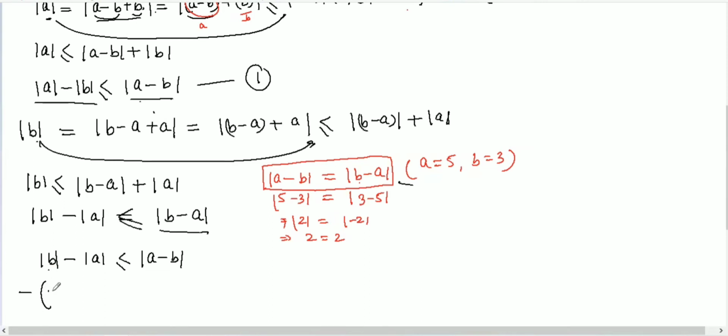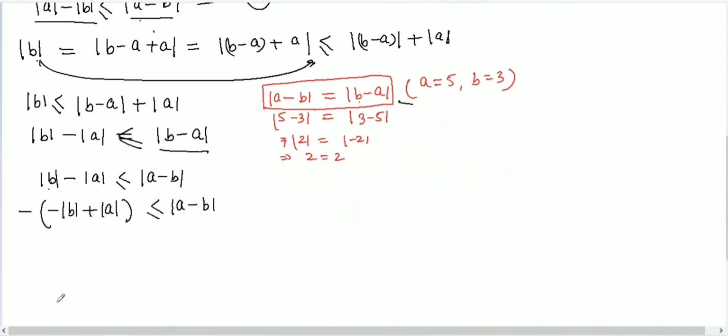If you take minus common, this becomes minus, open bracket, absolute value of B minus absolute value of A, close bracket, and this is less than or equal to absolute value of A minus B. Now open the bracket by multiplying the sign: I'm going to write absolute value of A first because this is positive, and minus absolute value of B. And this is less than or equal to absolute value of A minus B.